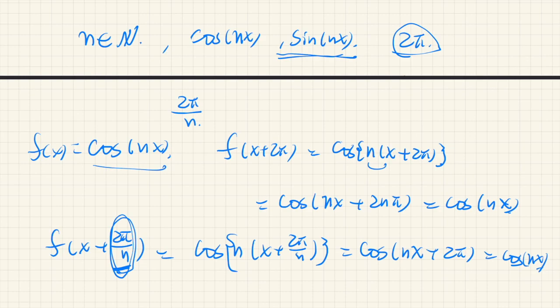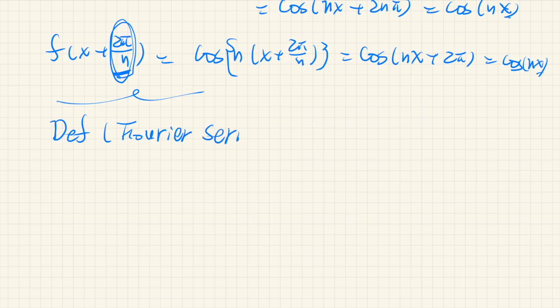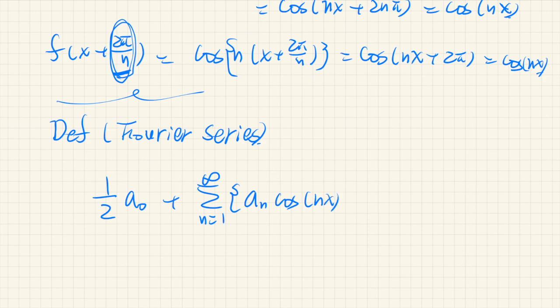Okay, now let's define the Fourier series. The definition of a Fourier series is this: a0 over 2 plus the sum over n from 1 to infinity of an cosine nx plus bn sine nx.